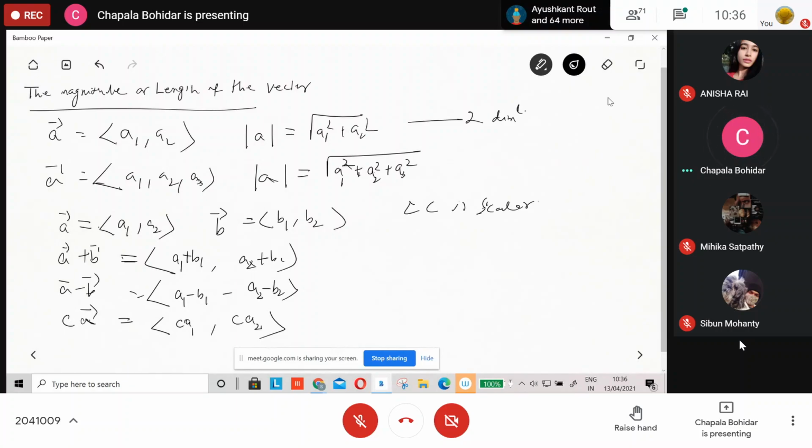Now do a problem. If A is a vector, you may get a short question or multiple choice question here, and B is a vector.